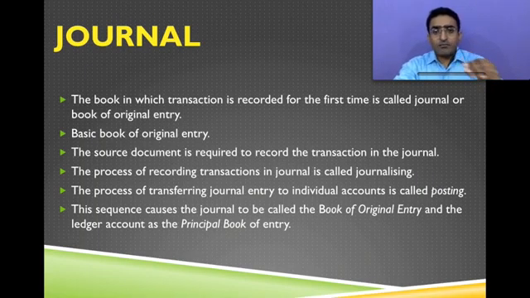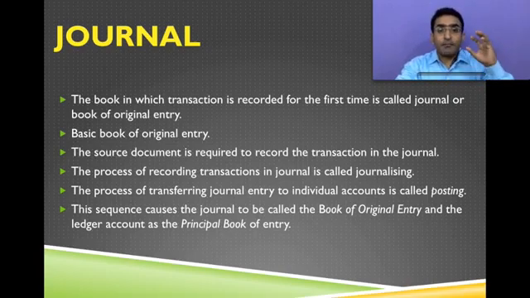Now, one step further, journal is one of those primary record books in which we record the transactions directly from the vouchers. वाउचर्स में से आप डायरेक्टली इंफॉर्मेशन उठाते हैं और जर्नल में रिकॉर्ड करते हैं. इस प्रोसेस को क्या बोलते हैं? जर्नलाइजिंग.